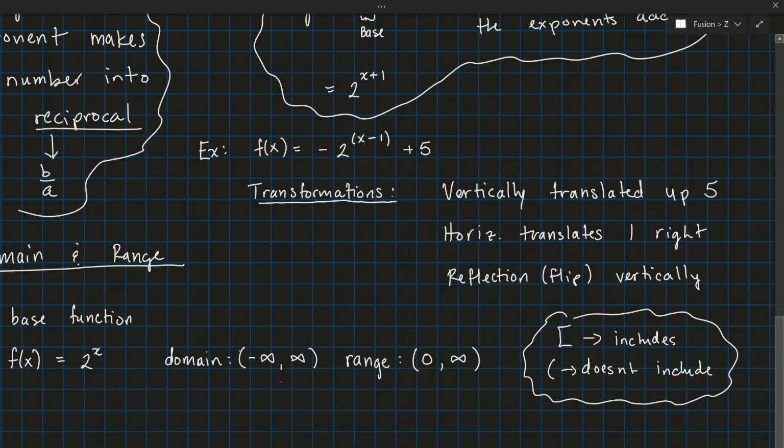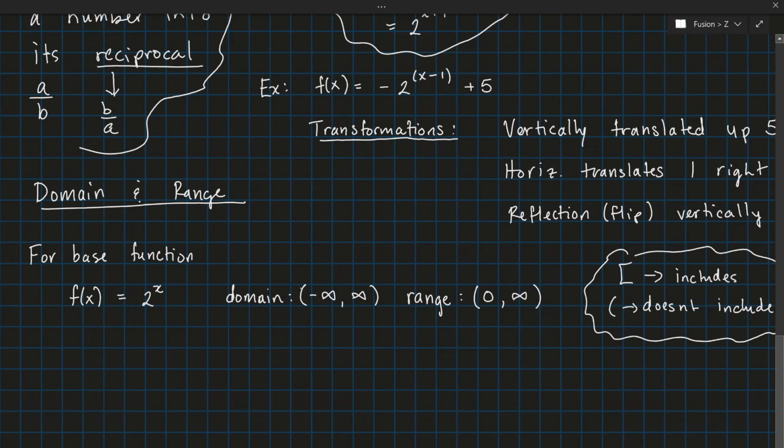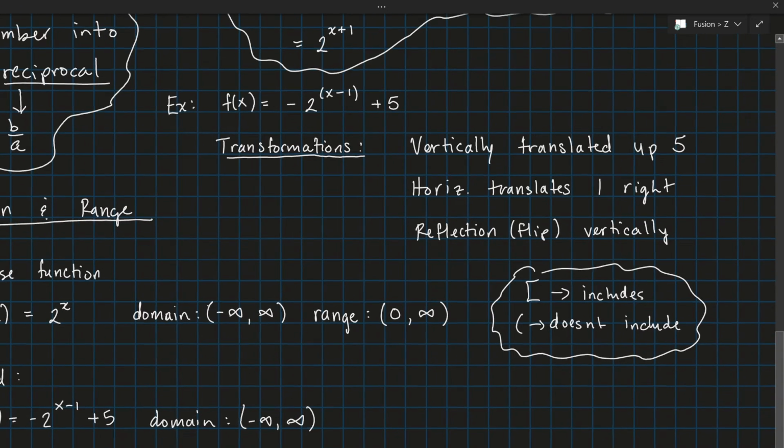So the domain's not going to change. So it's still going to be negative infinity to positive infinity.